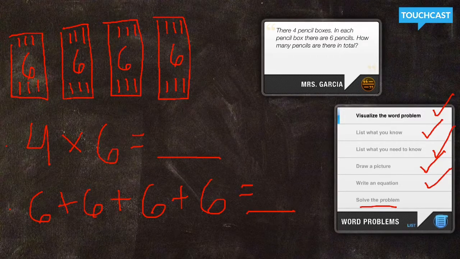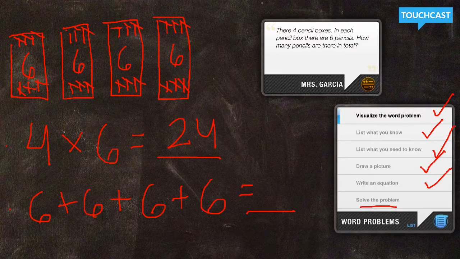So we drew the picture, so we could count up how many pencils there are in total, or we can use addition. So by counting, we just count up all the pencils. So there's 1, 2, 3, 4, 5, 6, 7, 8, 9, 10, 11, 12, 13, 14, 15, 16, 17, 18, 19, 20, 21, 22, 23, 24.